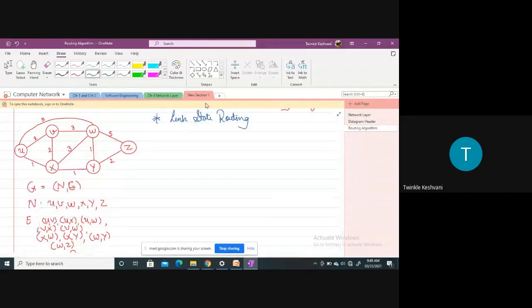Now starting with the link state, here we are considering the same graph which is given over here. Let's say I am making one table here. The first column is N dash, then I am considering all the nodes over here. So, U is the source node, right? So U will not have any distance to itself here.